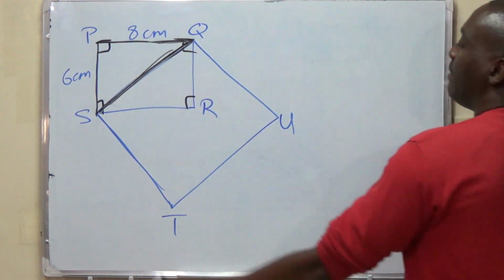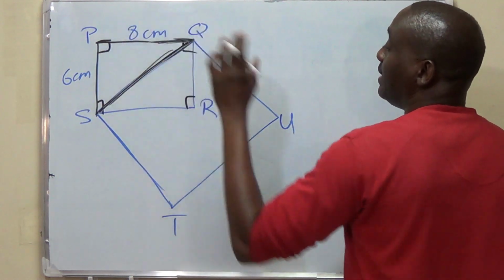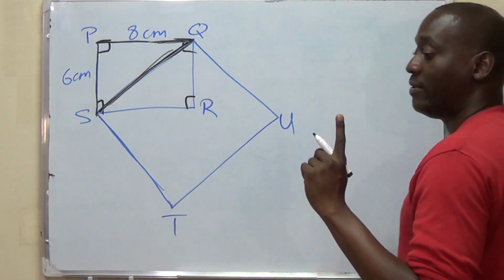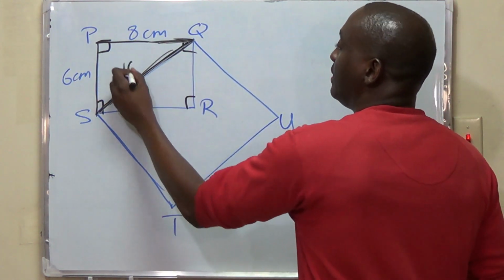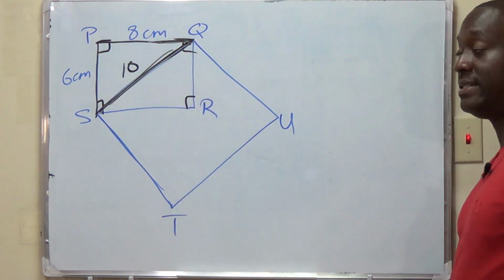Good? So if we have a right angle triangle where one side is 6, the other side is 8, then if we are aware of the Pythagorean triples, we know immediately, without even calculating, that SQ must be 10 centimeters.